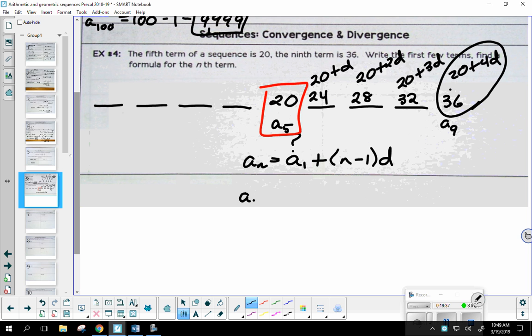So a sub 5 would equal, we have no idea what the first term is, plus 5 minus 1. I'm just going to plug the 5 in there as well. So that's 4. And what's the common difference? 4. Remember, we found that to be 4, right? But here's the thing. If I'm actually using the fifth term, couldn't I just plug in the term itself?